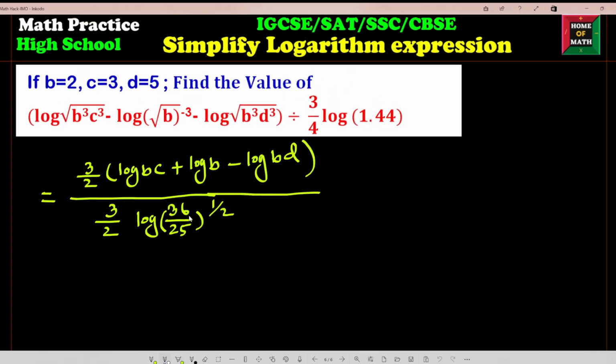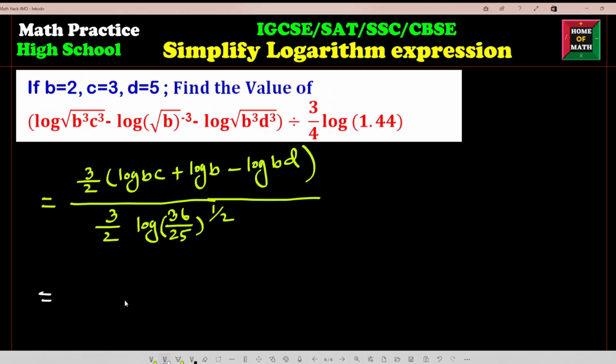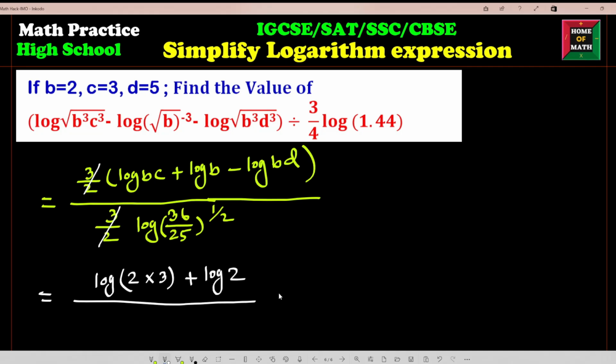Now next page, look, this 3 by 2 and this 3 by 2 cancel out. So here is log b means 2 times c means 3, plus log b means 2, then minus log b means 2 times d means 5.